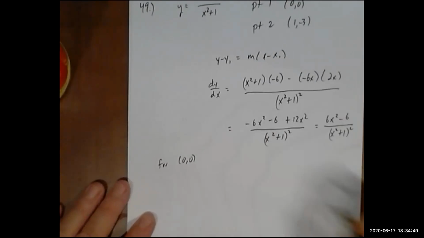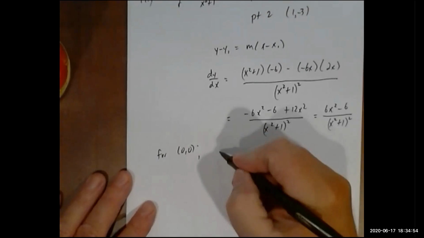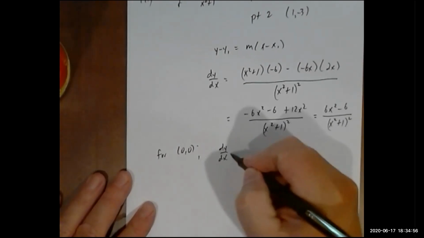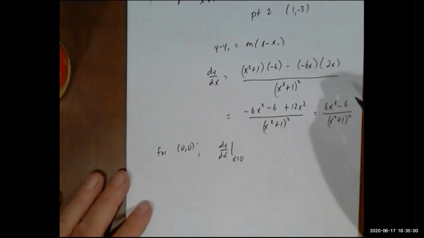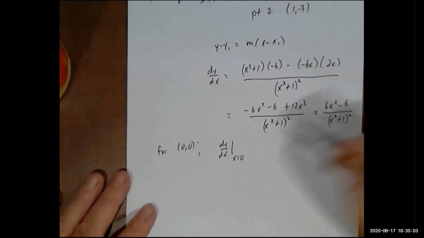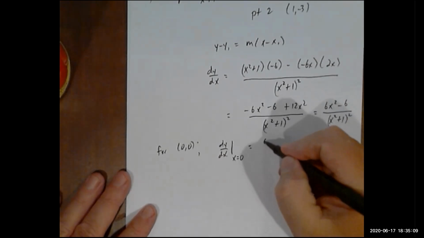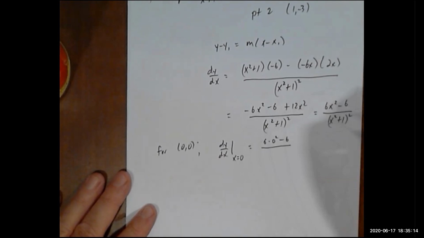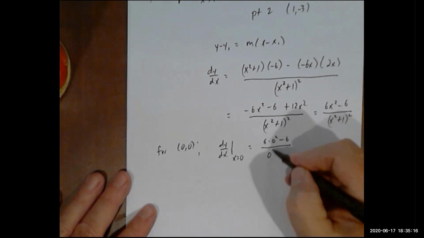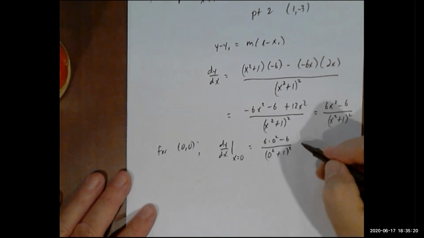Let's do the point at the origin. So what I want to do is find the derivative, which is going to be the slope at this point when x is 0. So I plug in 0 for x, 6 times 0 squared minus 6 over 0 squared plus 1 quantity squared.